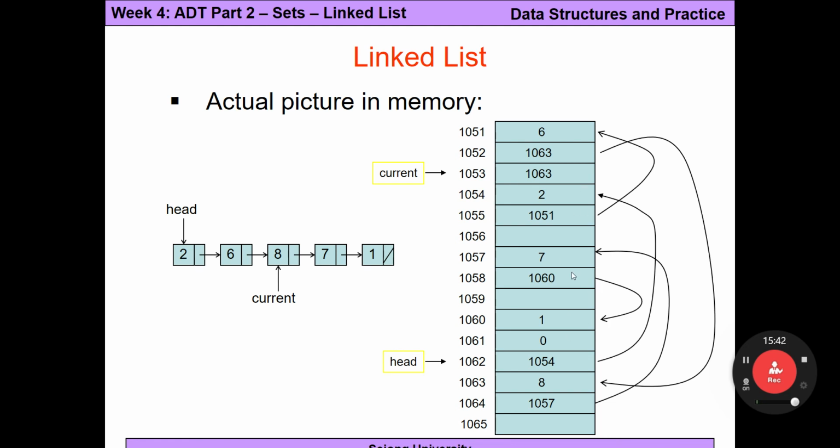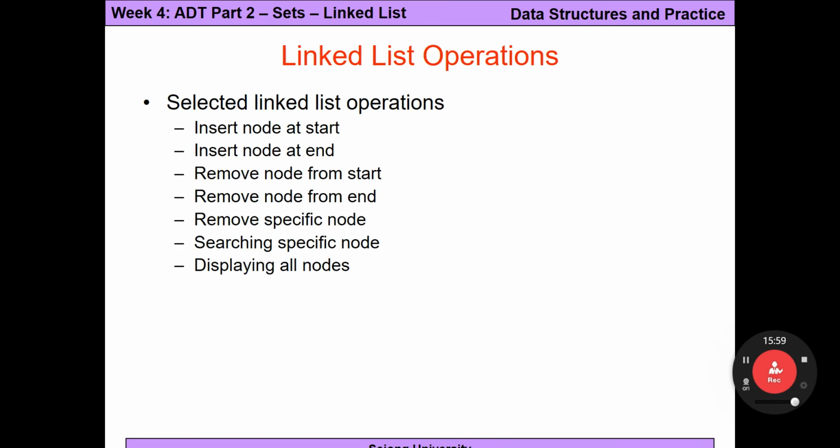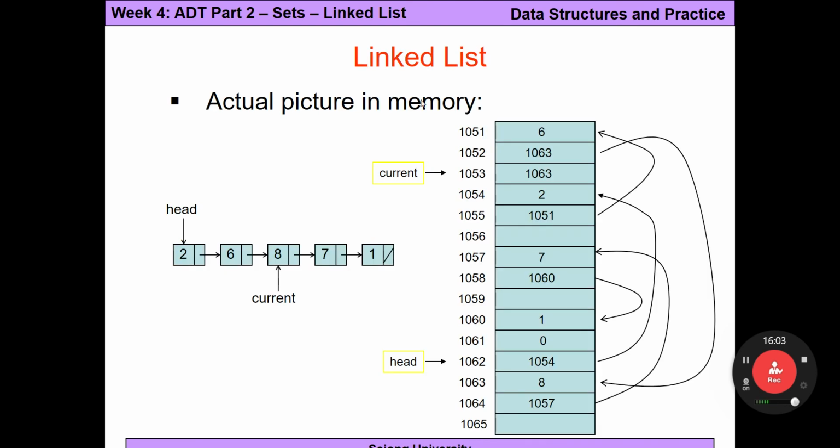By this pictorial form, you can easily see the data as well as the next pointing to the addresses of the linked list. This is how the actual picture looks in memory in the case of a linked list.